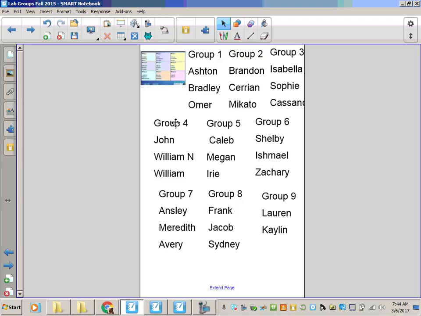Lab station 1 or 2 is right here where I'm standing. Lab station 3 is right here by Noah. Lab station 4. This is lab station 10.